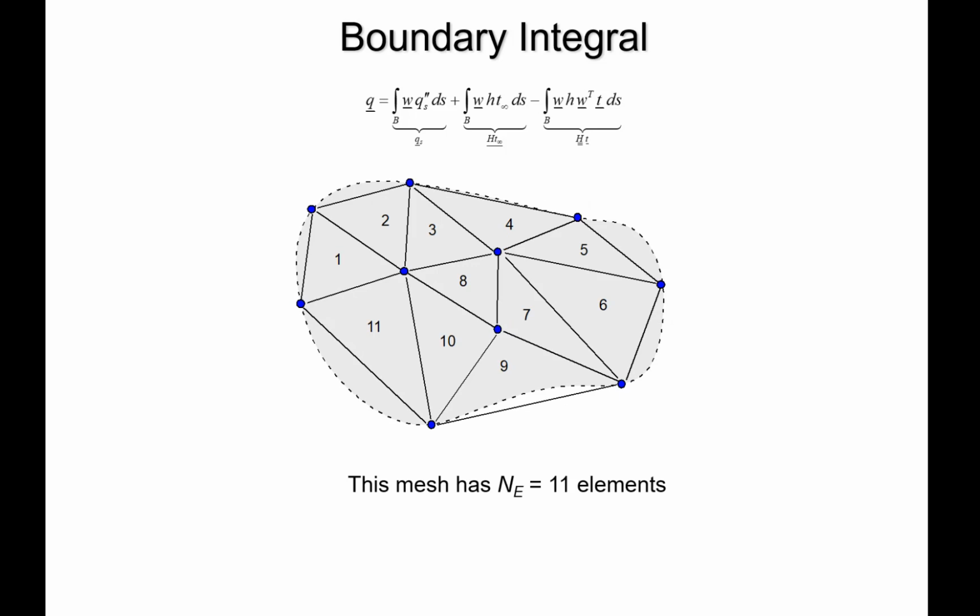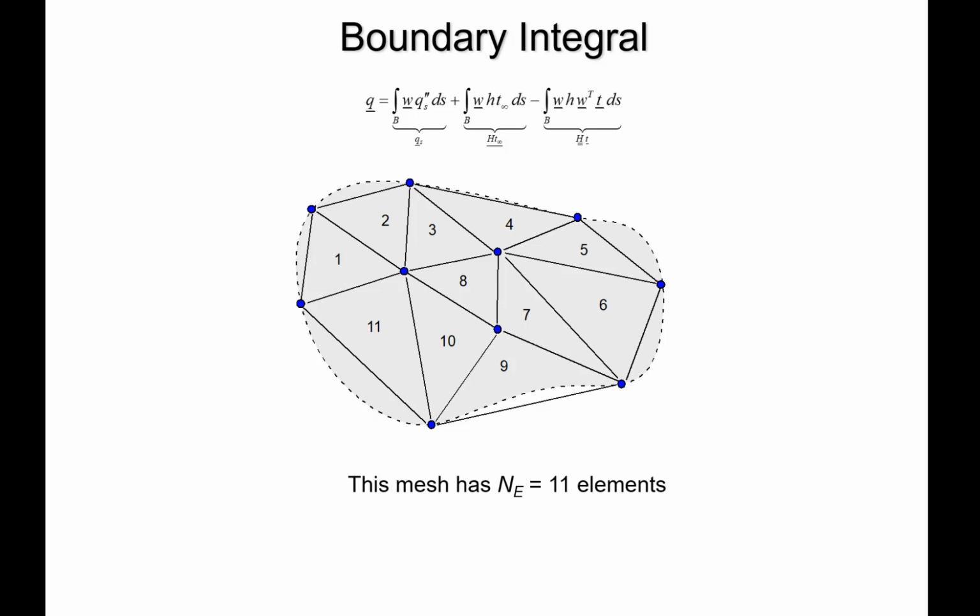We've already talked about how this mesh has 11 elements. So when we're constructing these matrices that have to do with area integrals, like the capacitance matrix, the conductance matrix, or the generation vector, we'll do that in 11 steps, because we'll be doing that element by element. So it'll take 11 steps even though there are only 10 nodes.